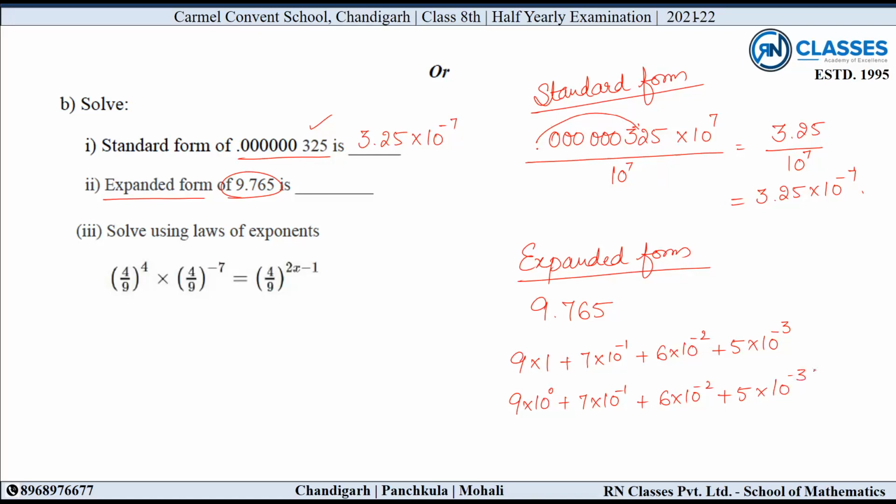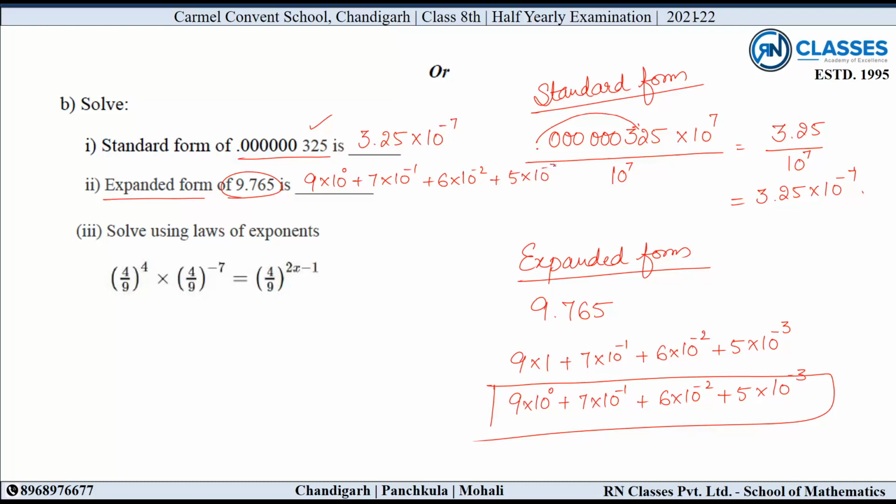This is the right answer. हाँ, अब इसके बाद लिखना पड़ेगा, तो 9 into 10 raised to the power 0 plus 7 into 10 raised to the power minus 1 plus 6 into 10 raised to the power minus 2 and 5 into 10 raised to the power minus 3. Right? This is the answer.